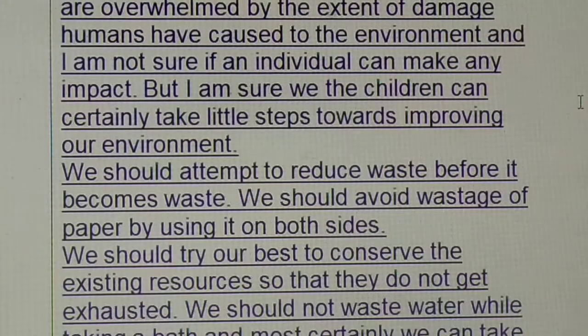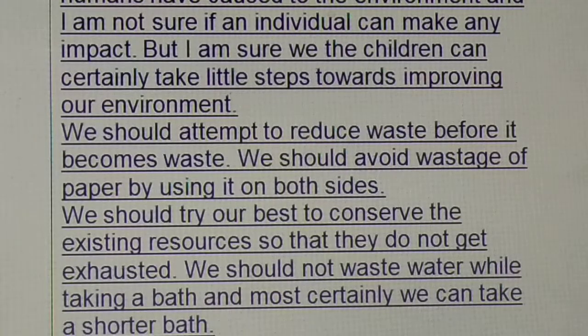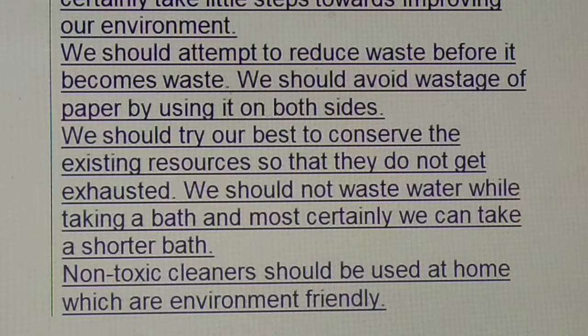We should attempt to reduce waste before it becomes waste. We should avoid wastage of paper by using it on both sides. Yes, very important. We should try our best to conserve the existing resources so that they do not get exhausted. We should not waste water while taking a bath, and most certainly we can take a shorter bath.